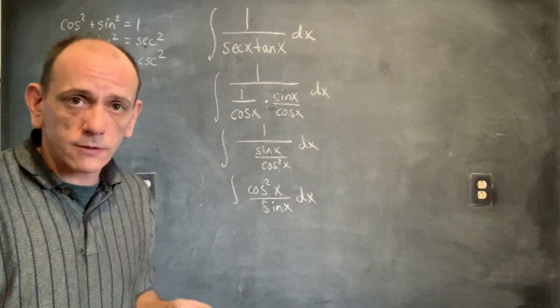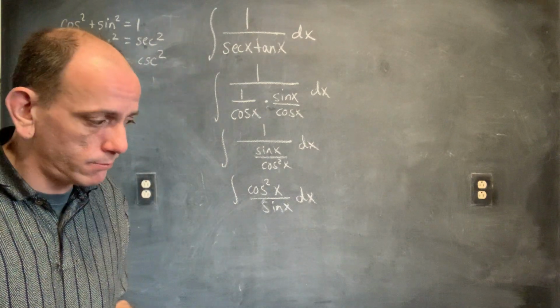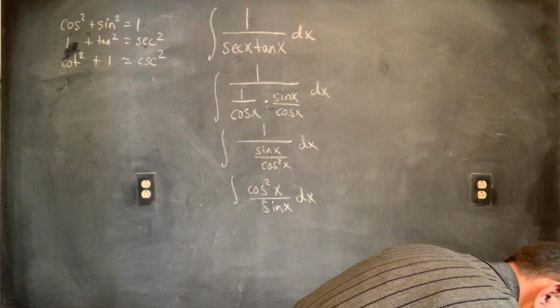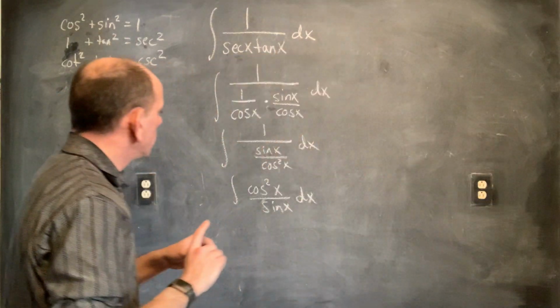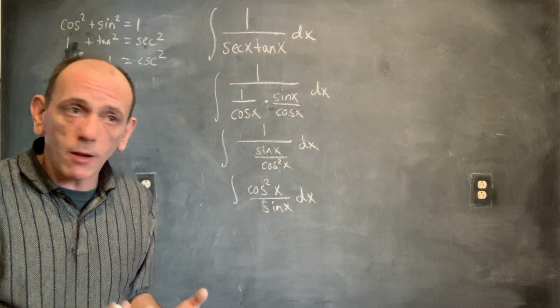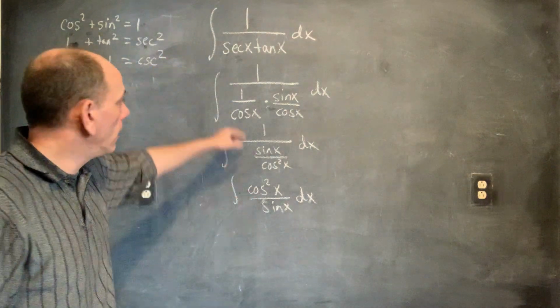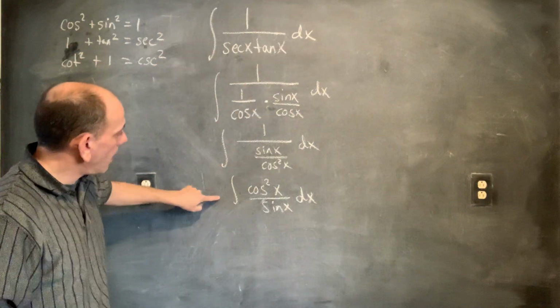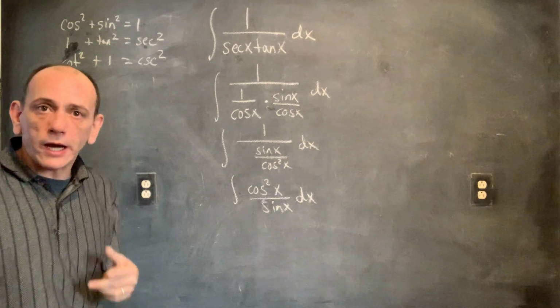So yeah, that's a simpler problem. It's easier. So I've made progress in that sense. But the question is, now what do I do? I've got a new problem that's equivalent. All I've done is just use the definitions. So these are the same problem, but now I've got to attack this problem.